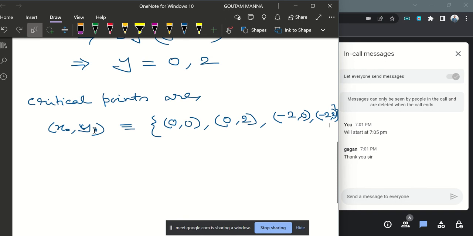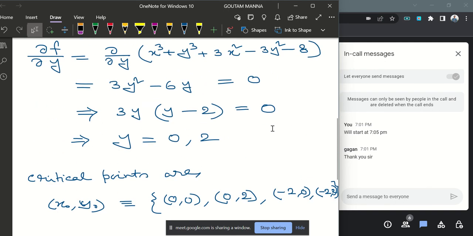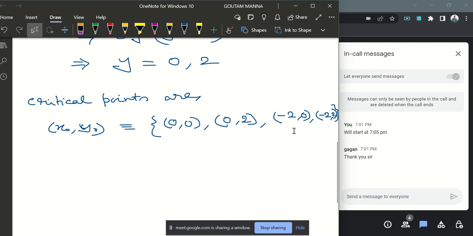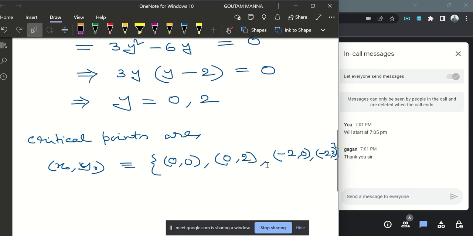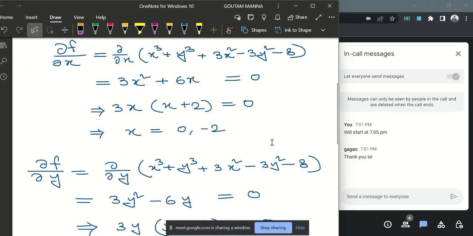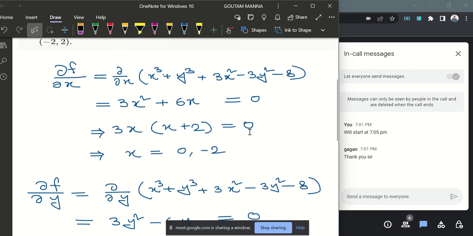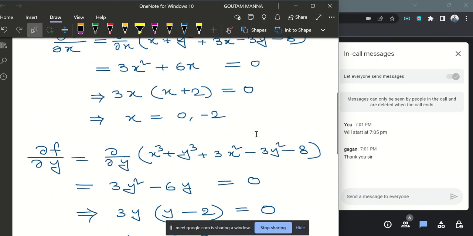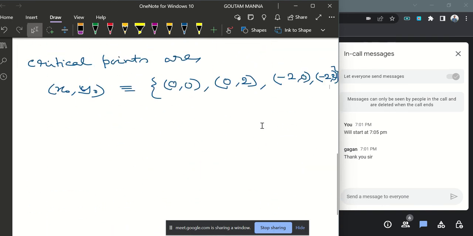Now let's check which of these is a maxima, which is a minima, and which is a saddle point. To do that, we need to take the second order partial derivatives. Basically we need to find the discriminant, which is already defined in the class.